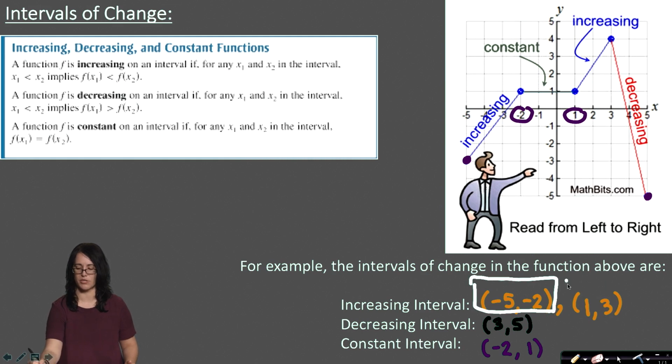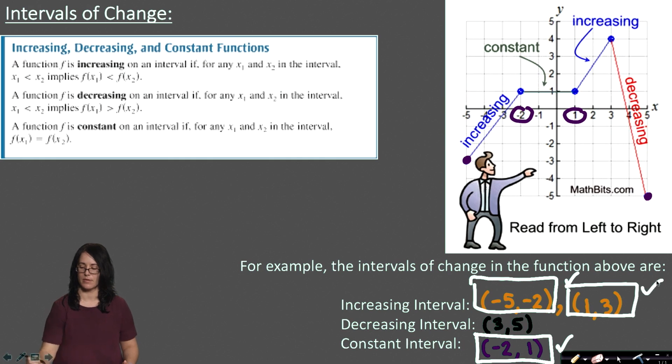So there's that first region of the graph. After -2, where do we go from there? Well, from -2, we go to the x value of 1 at a constant rate of change. What about from there? Well, from 1, we would go until 3, increasing. And where do we go from there? You're right, we go from 3 to 5, decreasing. So we've accounted for every single interval along this graph.